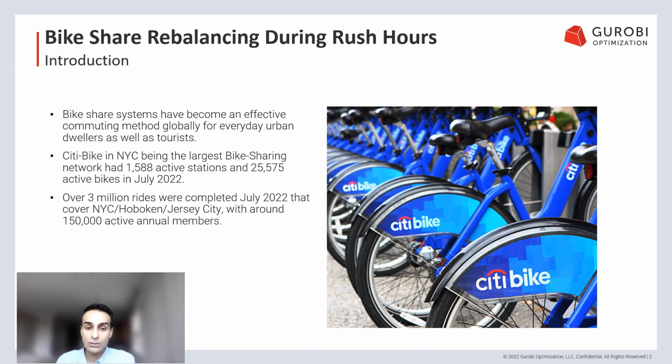In New York City alone, which is the largest bike sharing network, there are close to 1,600 active stations and more than 25,000 active bikes. In the month of July alone, more than 3 million rides have been completed in New York City, Hoboken, New Jersey, and Jersey City. So you can see that this is a very massive network.